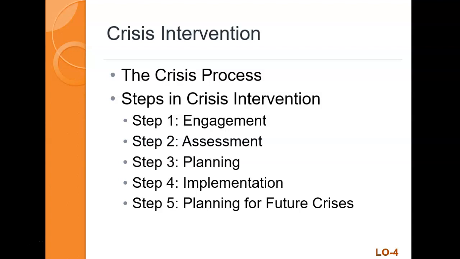The book also does a very good job, I think, of talking about how alcoholism and substance use impacts family relationships, and your role in intervention as a social worker dealing with alcohol and other substance use disorders.